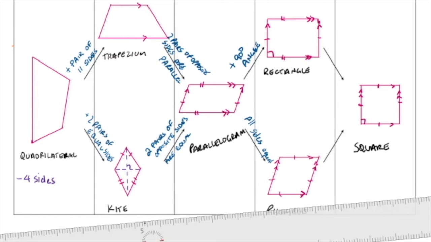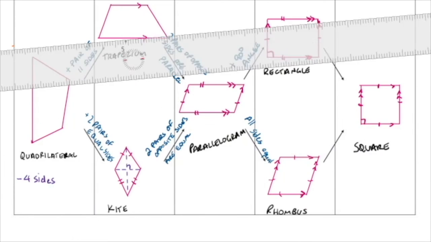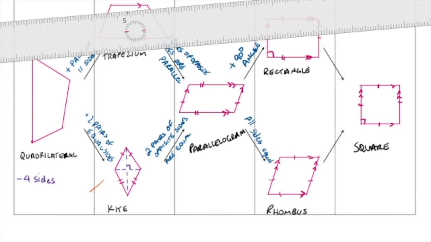Okay, so our diagonals here meet at 90 degrees. Alright, and one bisects the other, meaning that these two parts of the diagonal should be the same size.